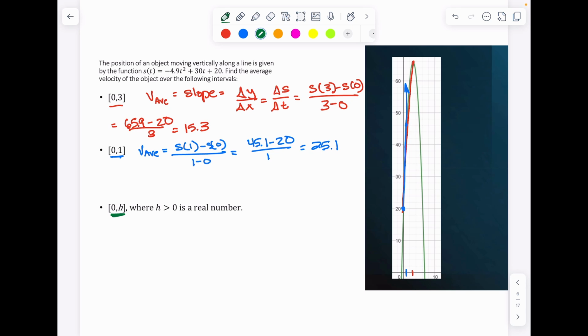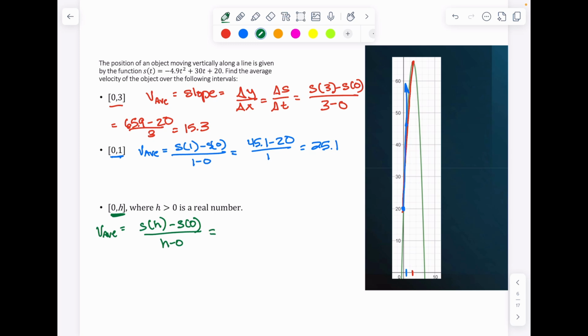So I'm going to do the same kind of thing that I did in the first couple examples, but instead of putting an actual number like 3 or 1, I'm going to put in h. My average velocity is going to be s of h minus s of 0, all divided by h minus 0. That's just our change in position over our change in time.